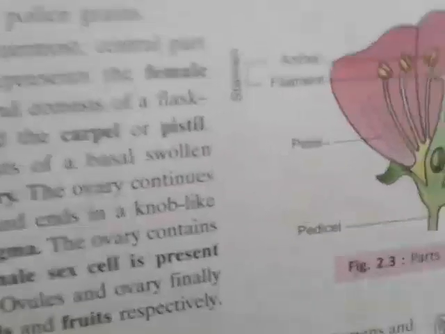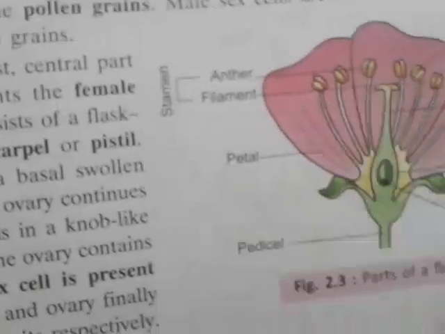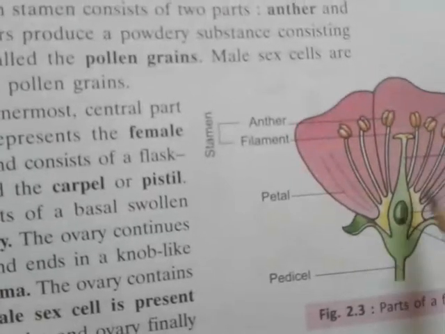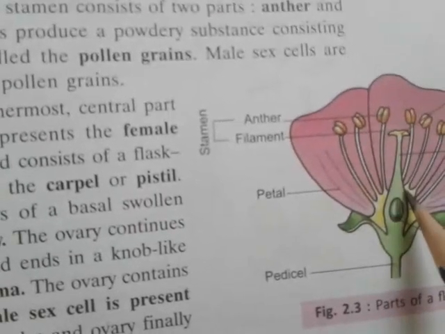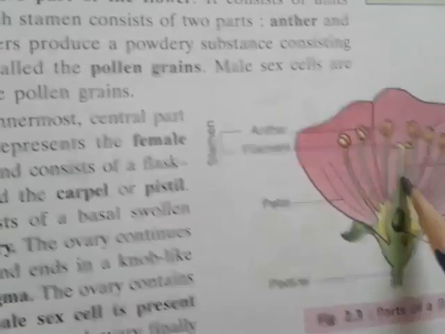So the gynoecium is the innermost central part of the flower, and it represents the female reproductive part. It consists of a flask-shaped organ, and this flask-shaped organ is called the ovary.